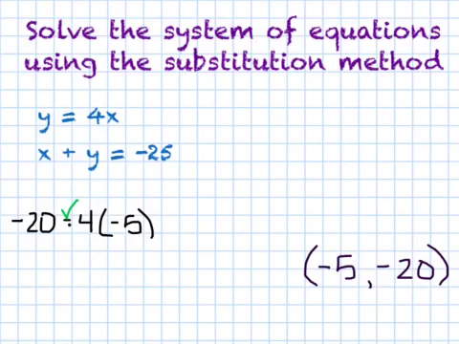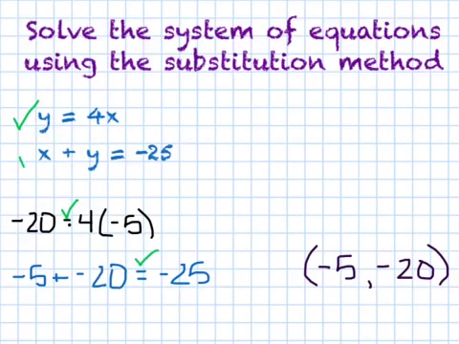So this one, yes, it's a solution. Now I'll check my next problem. If I have x is negative 5 plus negative 20, does that equal negative 25? Well, negative 5 plus negative 20, yep, that is negative 25, so it's also a solution there. So if you want to find a way to check your answer, that's how we do that. We go backwards and plug it into that equation.